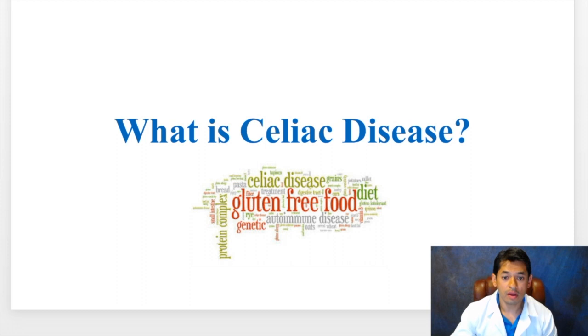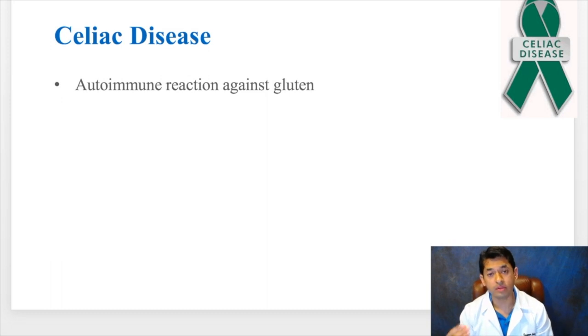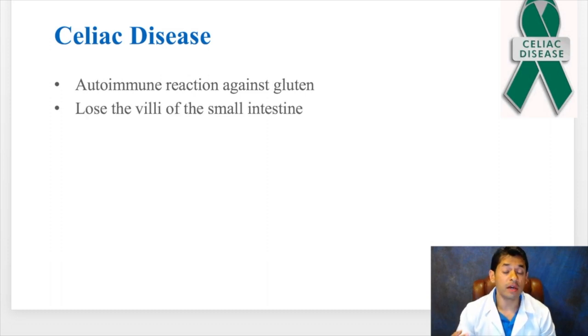Today I'm going to focus on what celiac disease is and what it means when you say that you have celiac. When you have celiac, it's an actual autoimmune reaction against certain products in wheat called gluten. This causes a response within the GI tract, and that response is that you actually lose the villi of the small intestine.